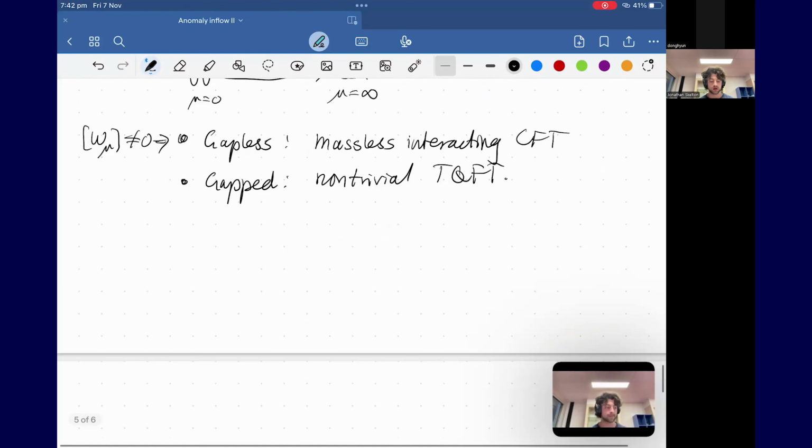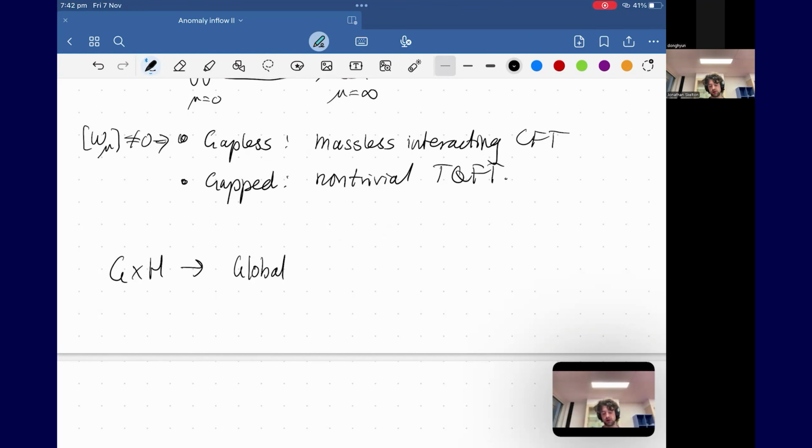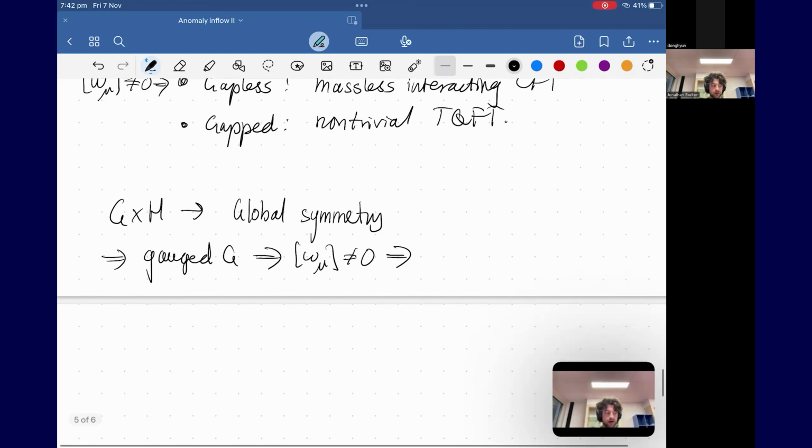Okay. So this is really good because basically what we started with is we had our symmetry group, let's say G cross H. And in this context, this was purely a global symmetry. But then what we've done is we've gauged G. And then what we can see is that if this is non-zero, we immediately know something about the spectrum.